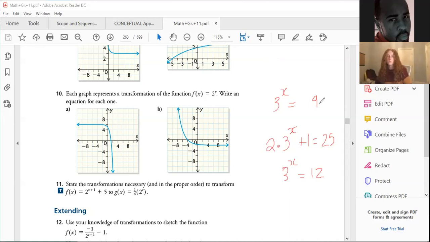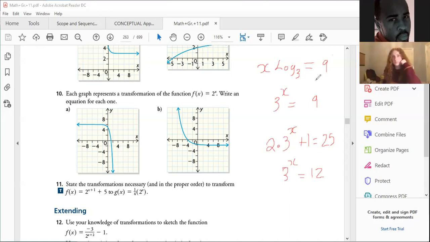We can drop the exponent and rewrite this as x log, with base 3, and we have 9. So x log 3 equal to 9. Is that clear?